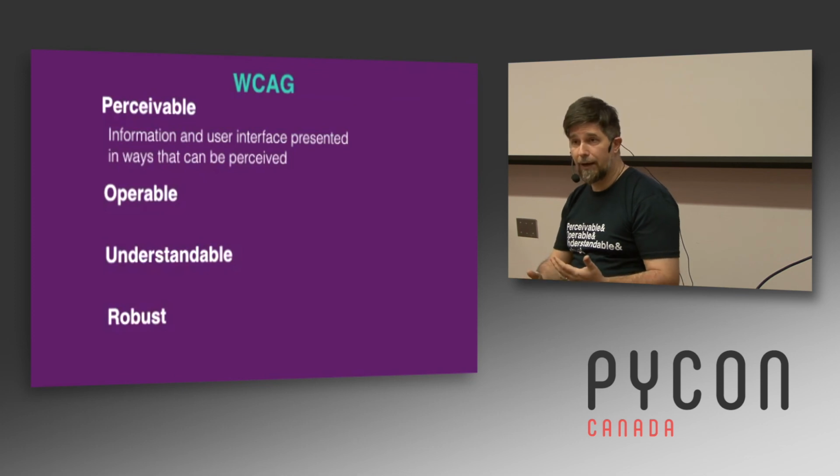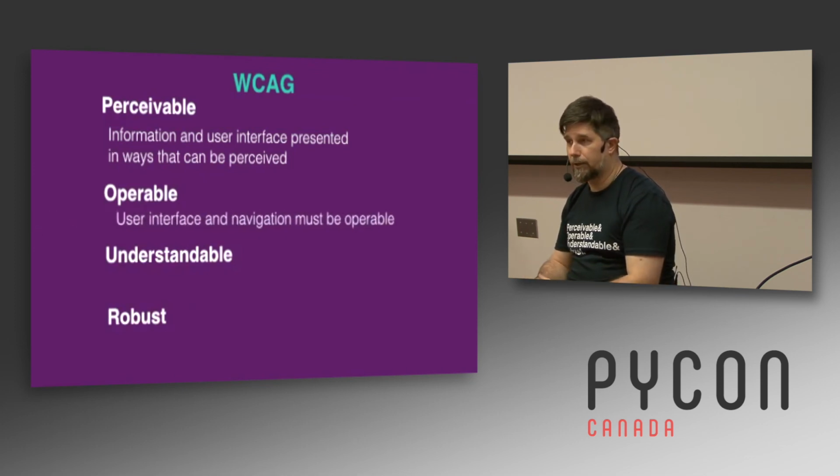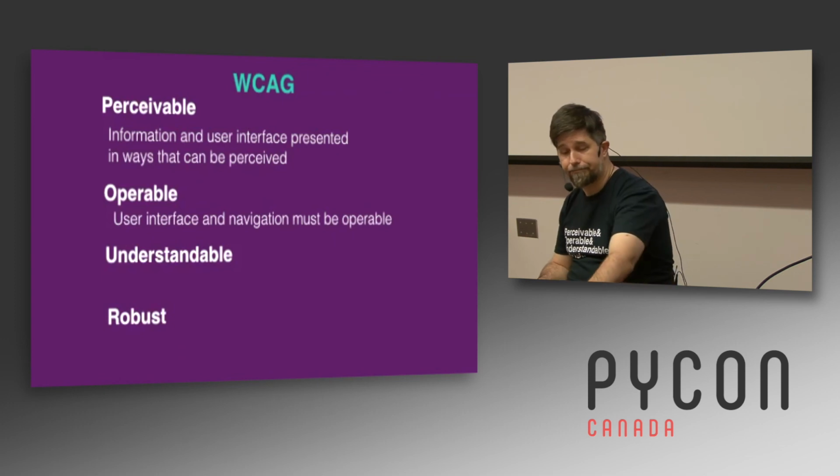So you want to have that information perceivable. Operable: well, you have to be able to handle all the operations, all the functions of the site, regardless of how you get there. And that may be as simple as trying to use your keyboard to navigate a site. I'll have a challenge for you on that a little bit later.